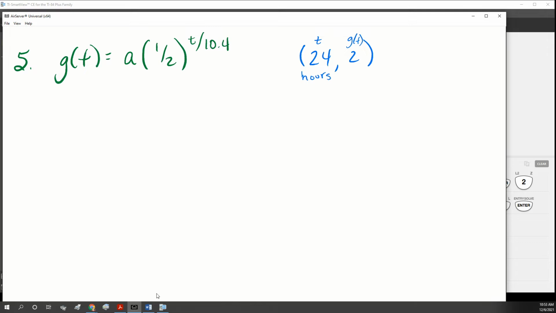It also needs to be in hours. So if they told you 1 day, you need to change it to 24 hours. 2 days, you change it to 48 hours. Okay, so let's put that stuff in and see if we can figure out A.